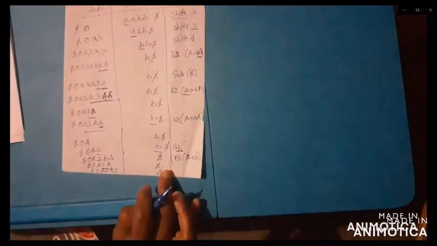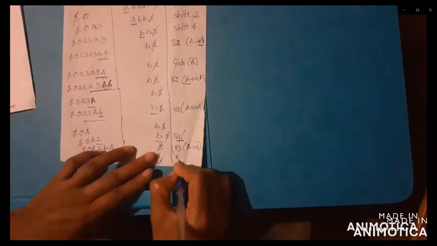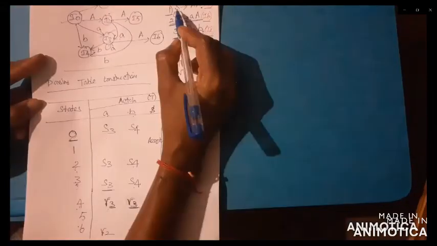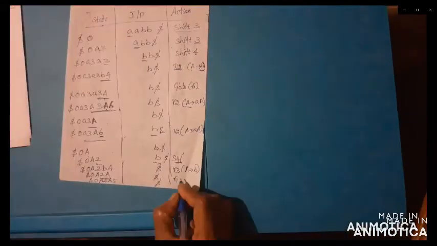What is $5? $5 is R1. What is R1? R1 is S tends to AA.